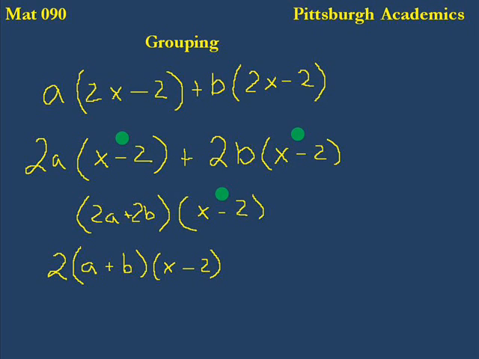So your new problem is 2a plus 2b times x minus 2. But again, now for the second time, a 2 can come out. The 2a plus the 2b, again, a 2 comes out of there. And that by itself, the 2 stands in front, so that it's 2 times a plus b times x minus 2.